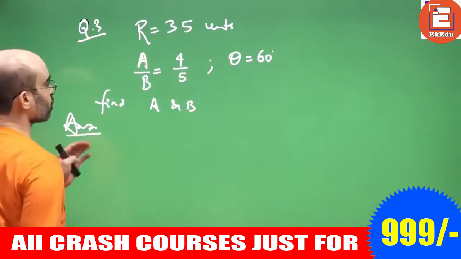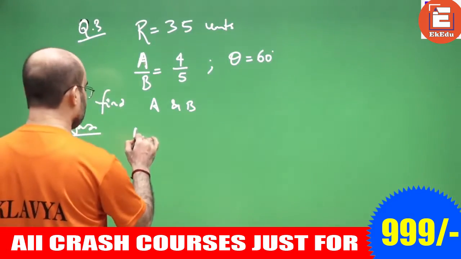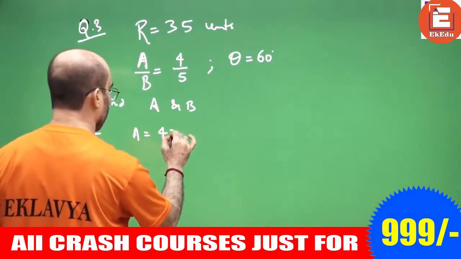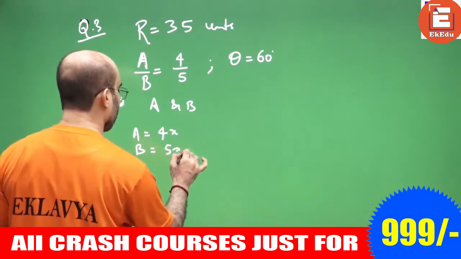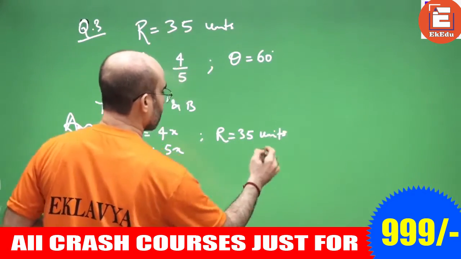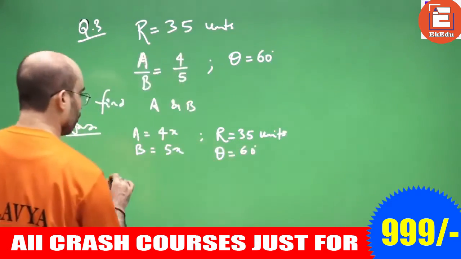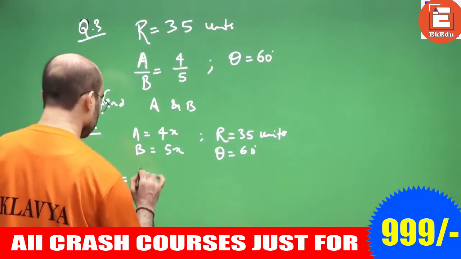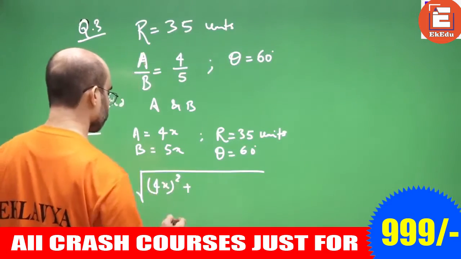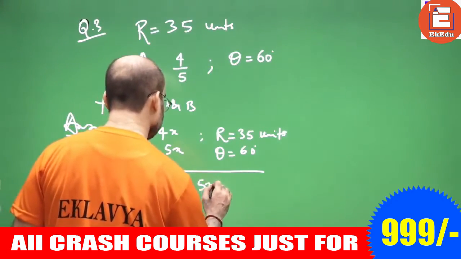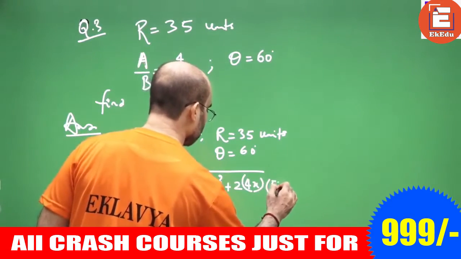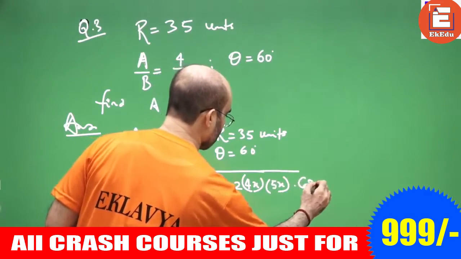Now, how to solve this? Look at this. For vectors A and B, some constant of proportionality would be there. So vector A is 4x, vector B is 5x. R is given as 35 units, theta is given as 60 degrees. Now, R equals 4x whole square plus 5x whole square plus 2 into 4x into 5x into cos 60 degrees.